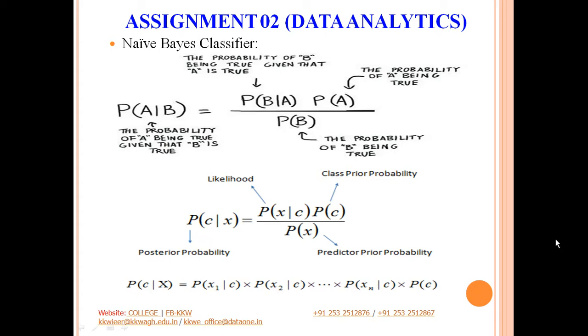So P of A given B is equal to probability of B given A into probability of A divided by probability of B. This is what our Bayes theorem tells us.